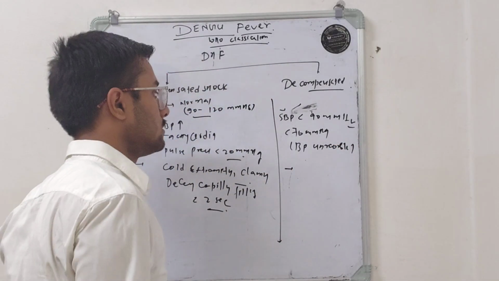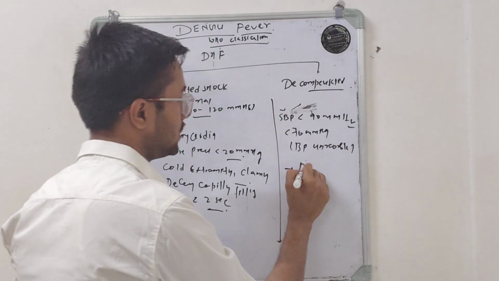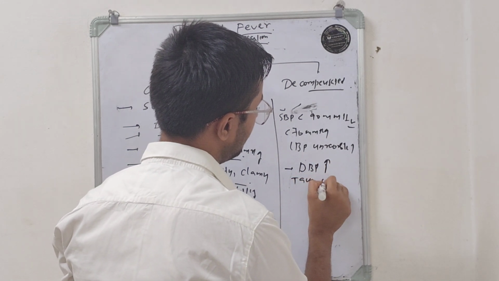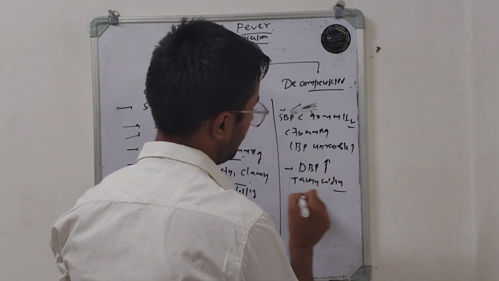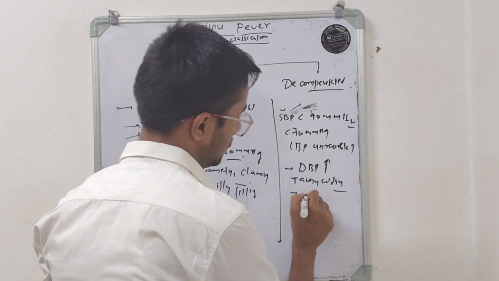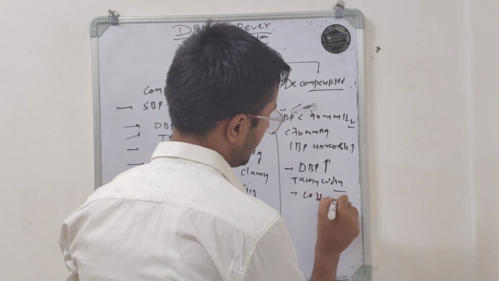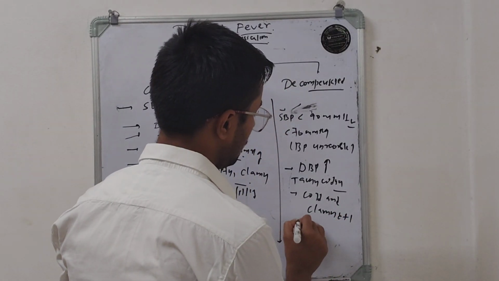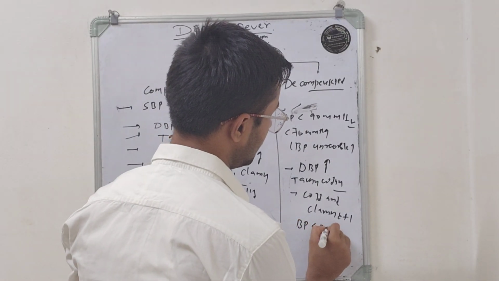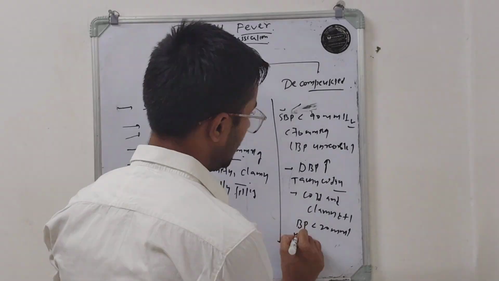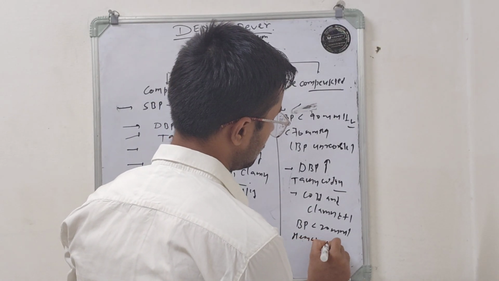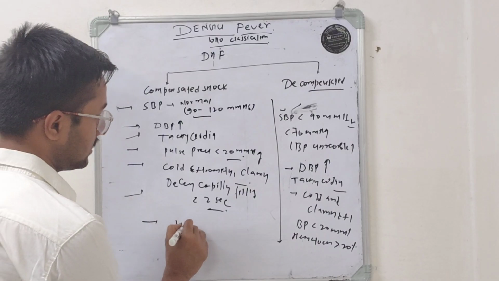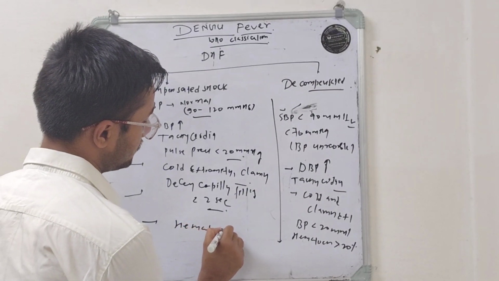What are the other things? Obviously diastolic BP will be high, the patient has tachycardia, and also cold and clammy extremities. Pulse pressure is less than 20 mmHg. Hematocrit level is greater than 20%.